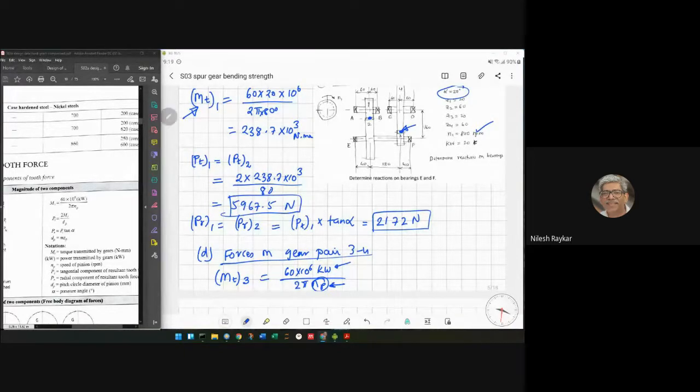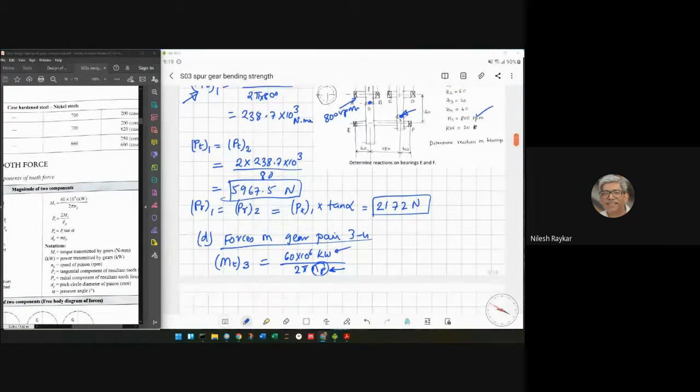So we need to know the speed of gear number 3. How do you decide the speed of gear number 3? We know the speed of gear number 1, which is 800 RPM.